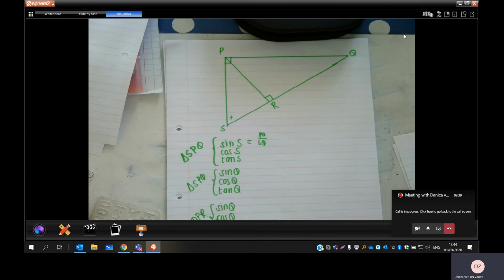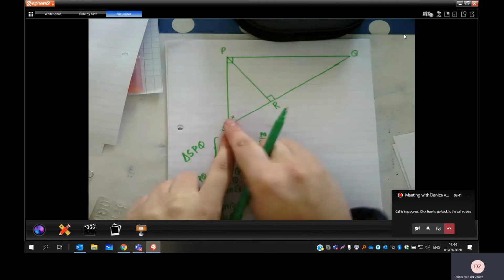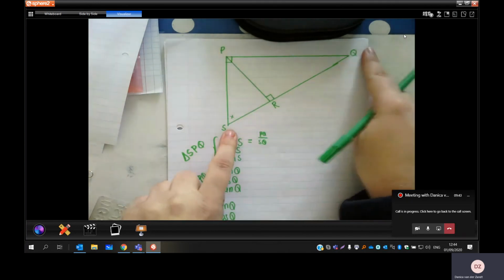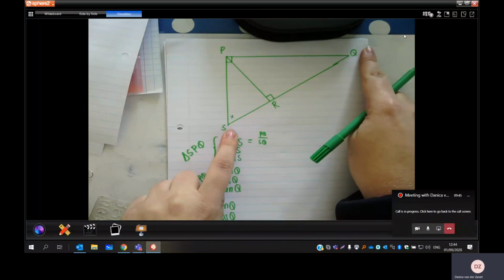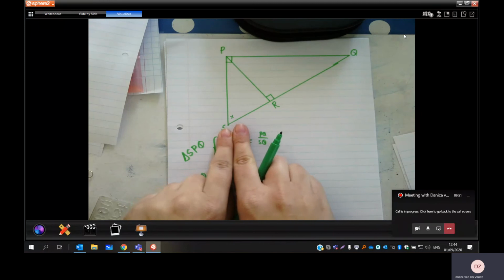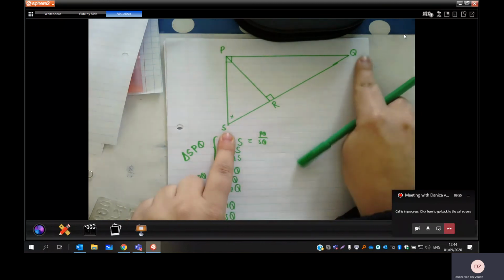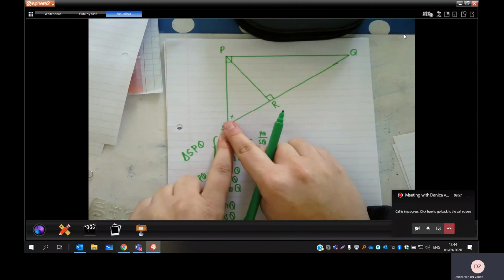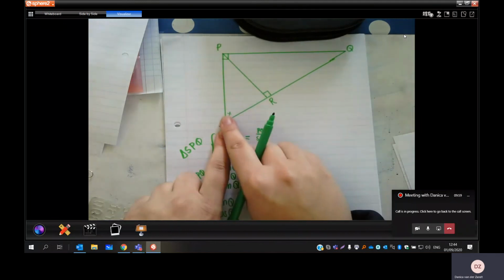Yes, in the big triangle. Okay. So remember, I have two sides that touch an angle. Where S is, where I've made the X, one of them is the hypotenuse. The other one that touches is my adjacent.